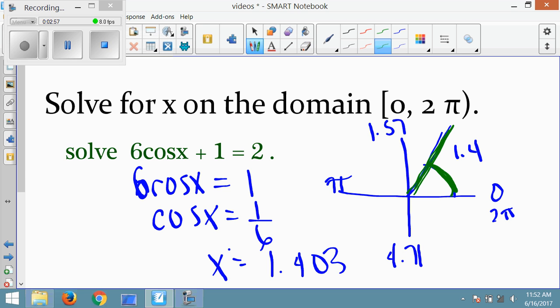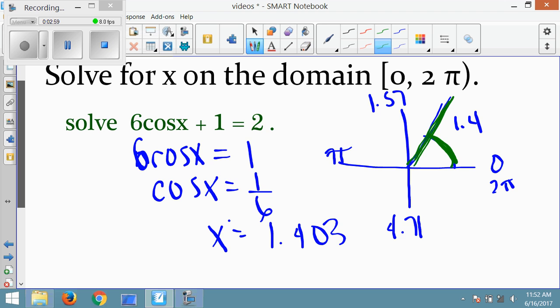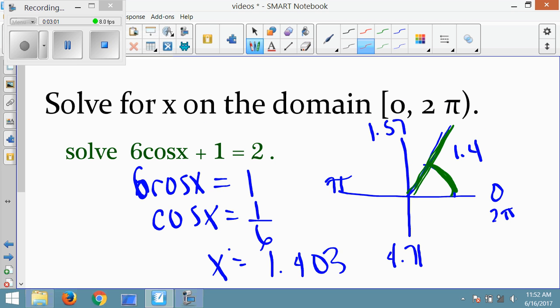We do have another angle. Basically what that means is we need to have a reference angle of 1.40, which is going to fall in, well, cosine is positive in the fourth quadrant as well. So we need to have the same reference angle of 1.40.